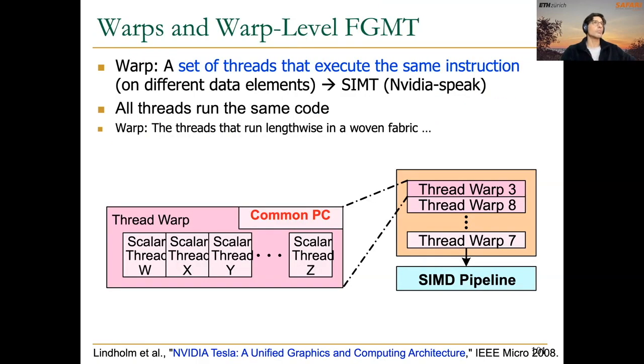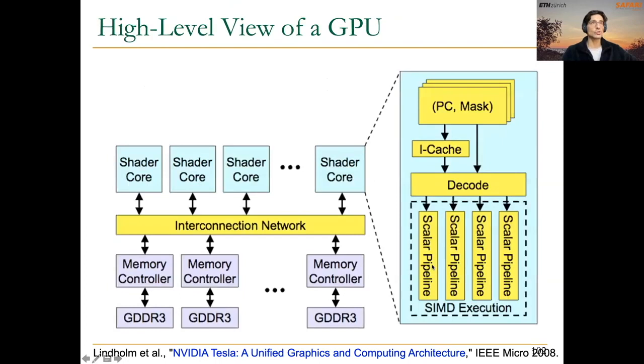So this more or less repeats the same idea: the definition of a warp and the way that warps are executed in an interleaved manner onto the SIMD pipeline. We can take a closer look at this SIMD pipeline. These are the shader cores in this figure, what we normally call GPU cores. In NVIDIA terminology, these are called streaming multiprocessors. By the way, at the end of this presentation, you have one slide clarifying all these different terms.